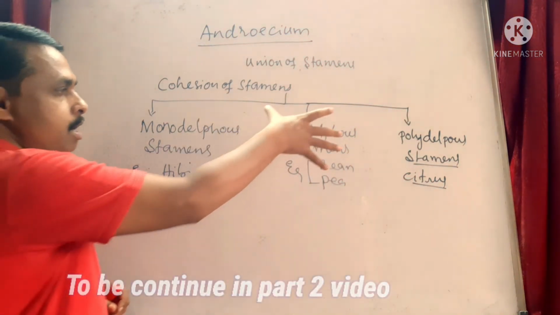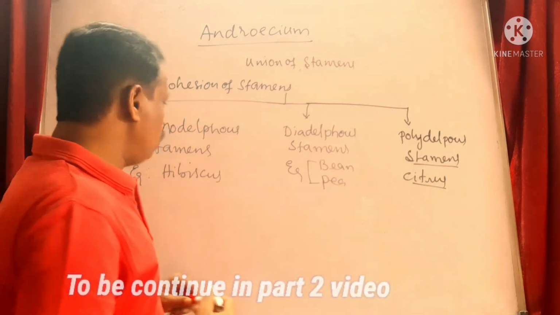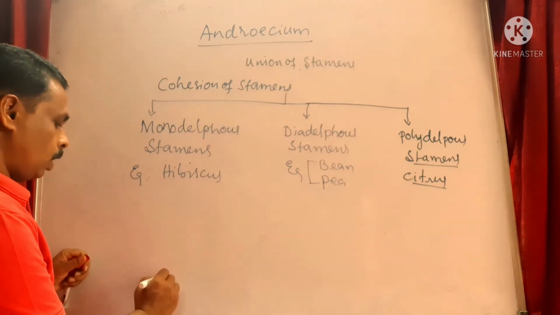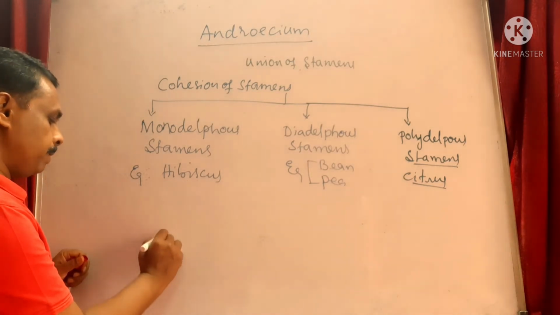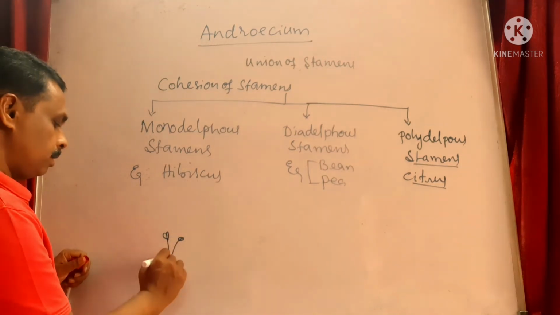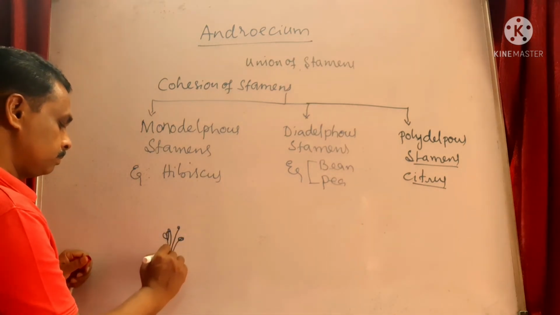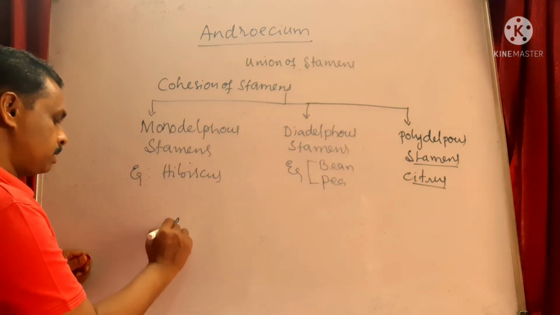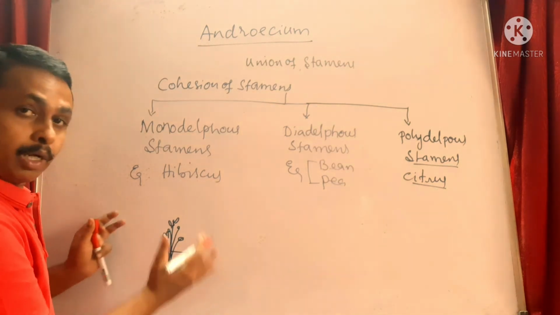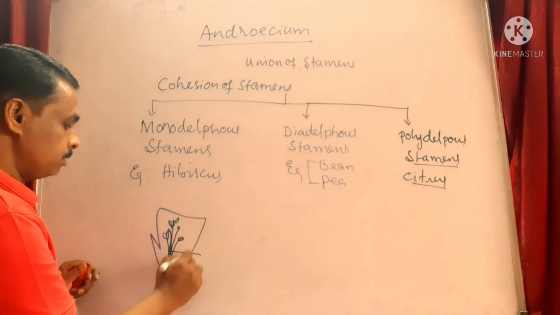Monodelphous, diadelphous, polydelphous. Monodelphous means all the filaments of stamens unite together and form a single staminal tube.